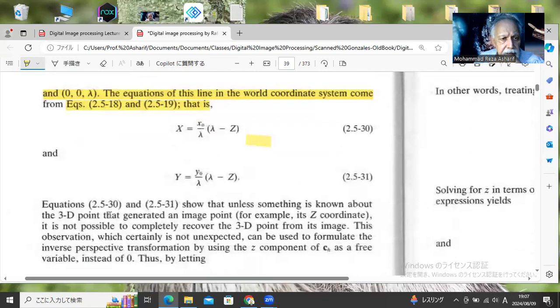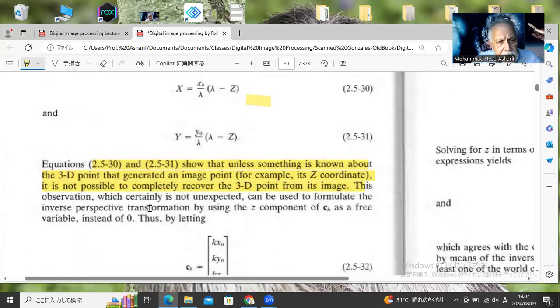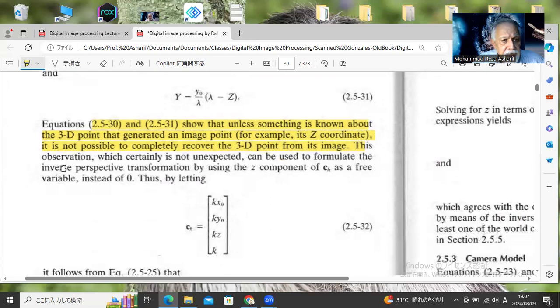So equations 30 and 31 show that only partial information is given about the 3D point that generates an image point. For example, the z coordinate: it is not possible to completely recover 3D. This observation, which certainly is not unexpected, can be used to formulate the inverse transformation by using the z component as a free variable.